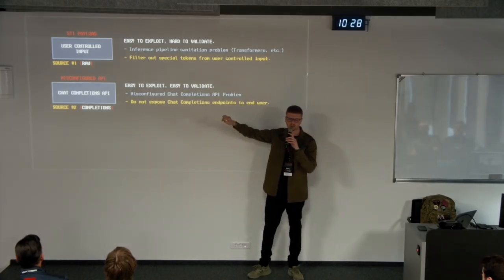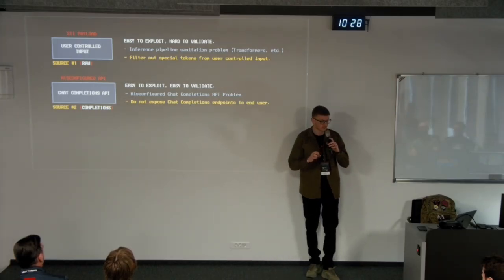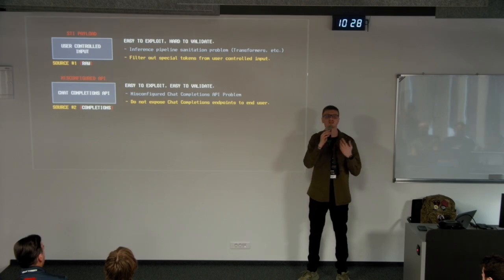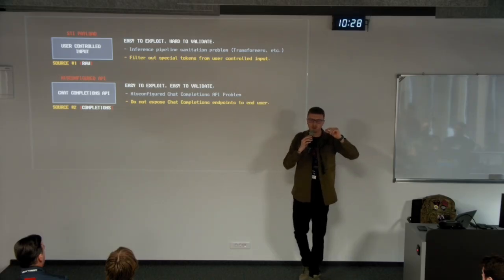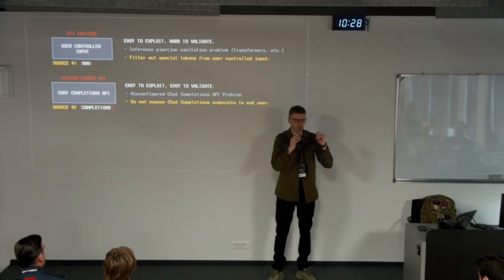The next category, which was through the chat completions API, is by far the easiest one to exploit and the easiest one to validate. In addition to validating, it's also the easiest one to fix, because this part of exploitation works through the API.